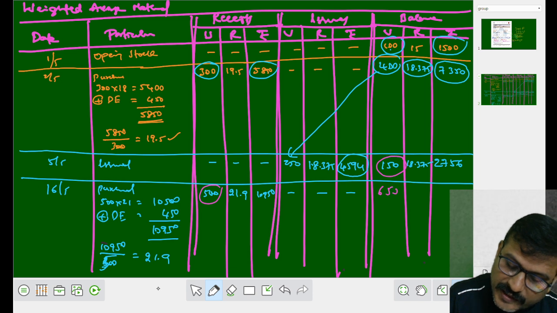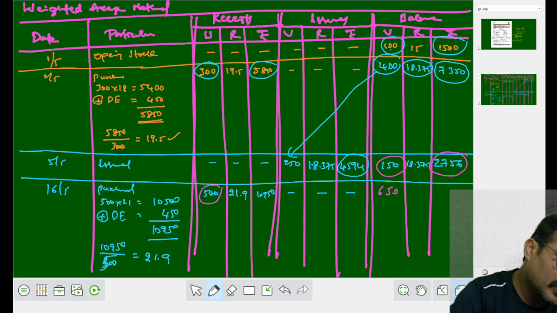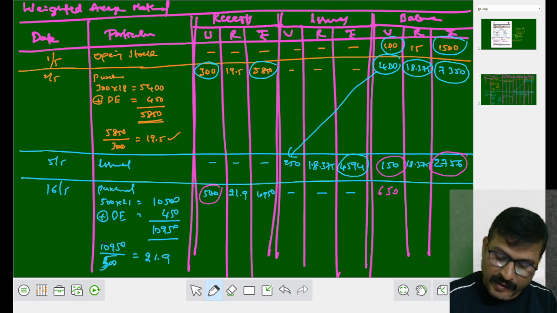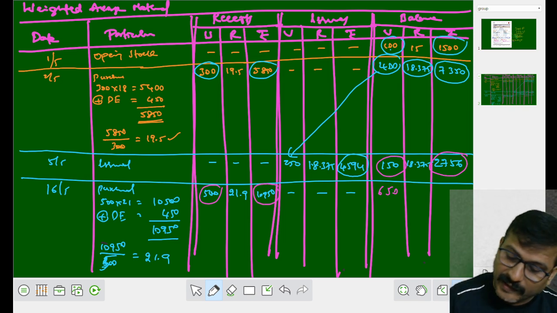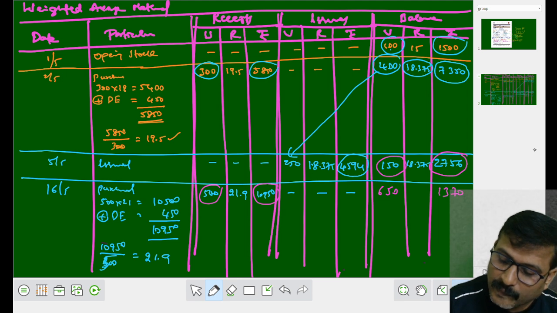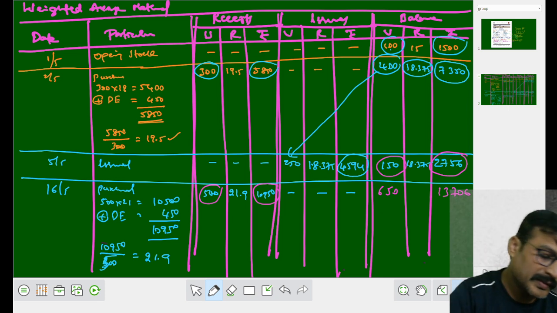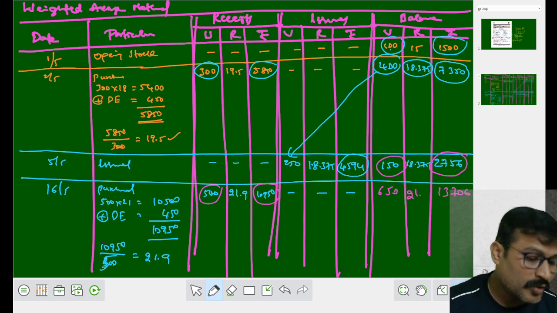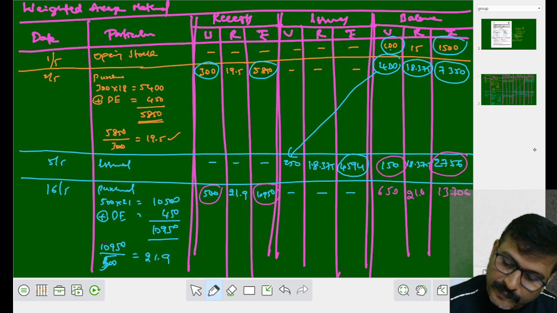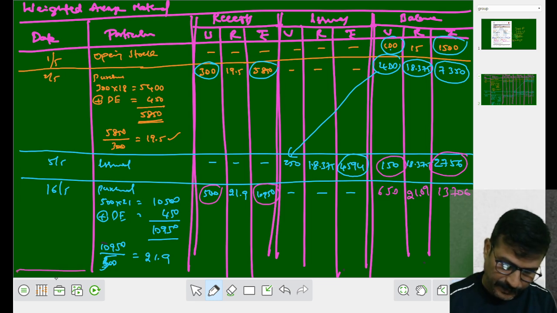It comes to 650. 2,756 plus 10,950 is 13,706. Divided by 650, it comes to 21.09. Somewhere you are getting 0.08, so 21.09.